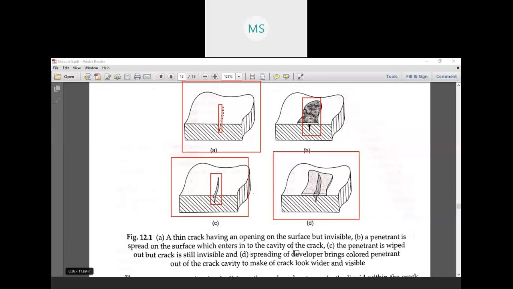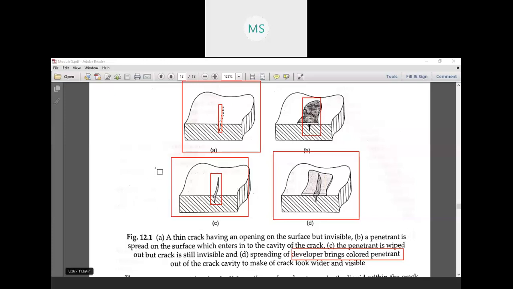That's why we call it a developer: it brings colored penetrant out of the crack cavity to make the crack look wider and visible. Now the crack is clearly visible and wider in nature.